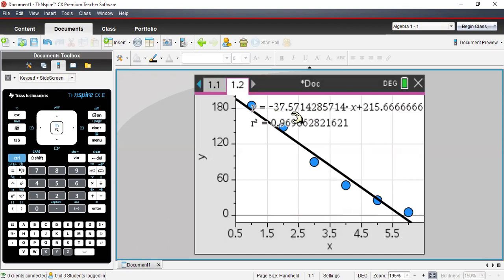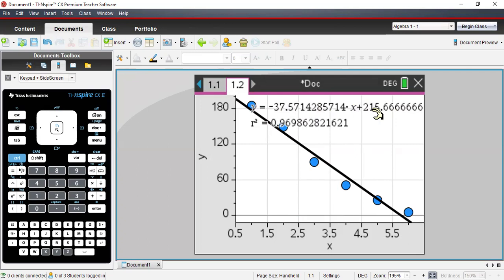So this is going to be negative 37.57. The 1 is what we look at. Since that's 4 or below, we're just going to drop all of this stuff. You drop all of the numbers, but you got to keep the X. So this is going to be negative 37.57 times X. Then we do the same thing for the y-intercept.